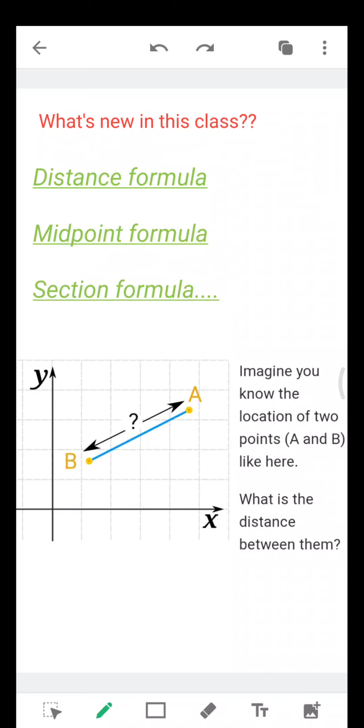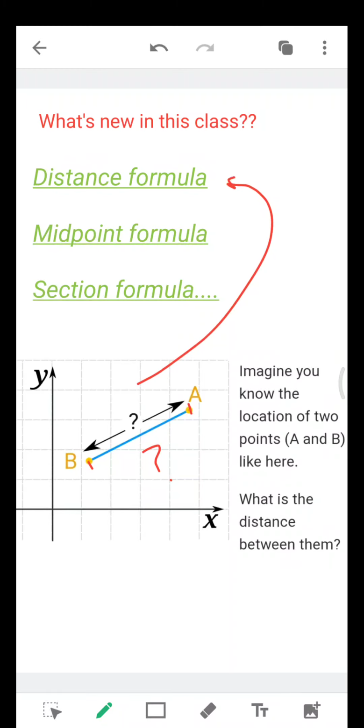Imagine you know the location of 2 points A and B, like here. Okay, there are 2 points. I already told you the graphs are used in maps for locating places, which you have done in ninth class. Okay, so imagine there are 2 points A and B. Can you find the distance between these points?